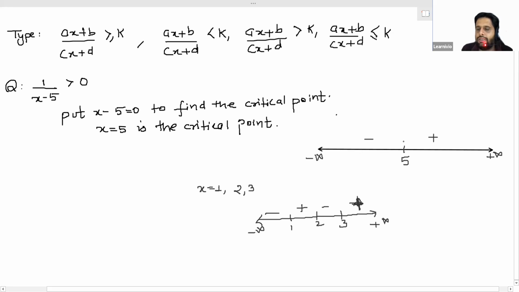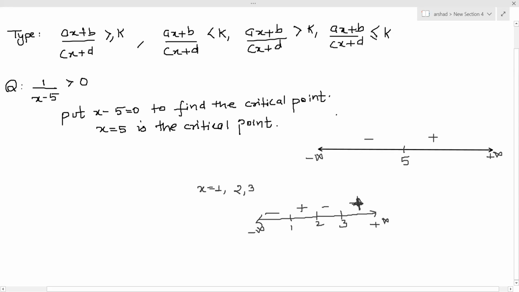So we will plot that. To the extreme right we write the positive and then negative. Now this is greater than 0. Greater than 0 means what, positive or negative? Positive.